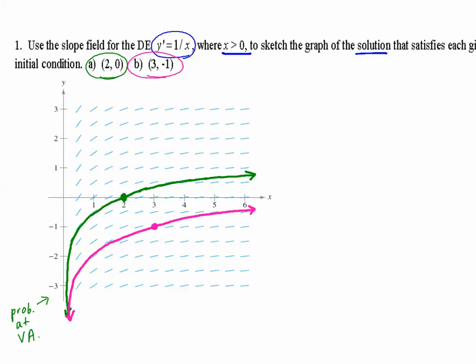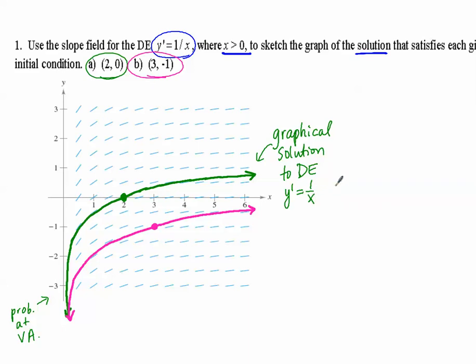Now let's go back to what we were doing last time, where we solved these using separation of variables. What we have right now is a particular solution, but it's a graphical particular solution. This is a graphical solution to the differential equation that was given to us, y prime equals 1 over x.